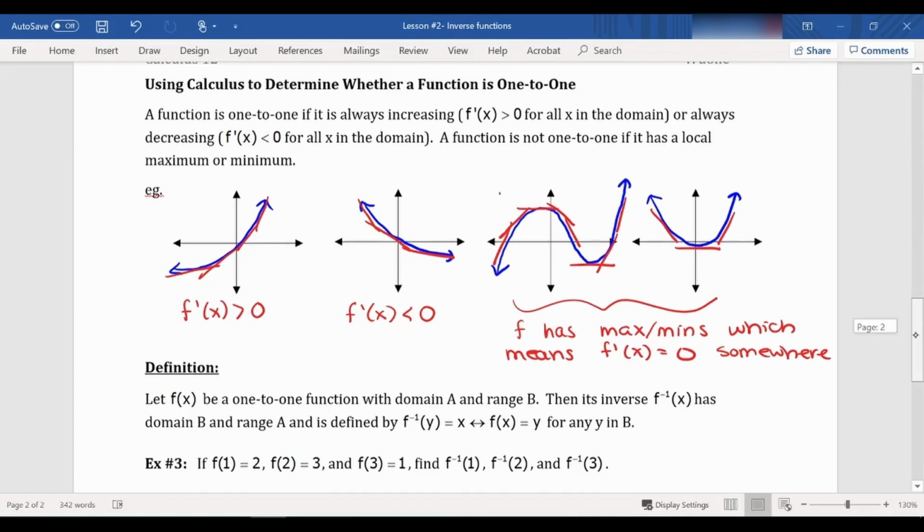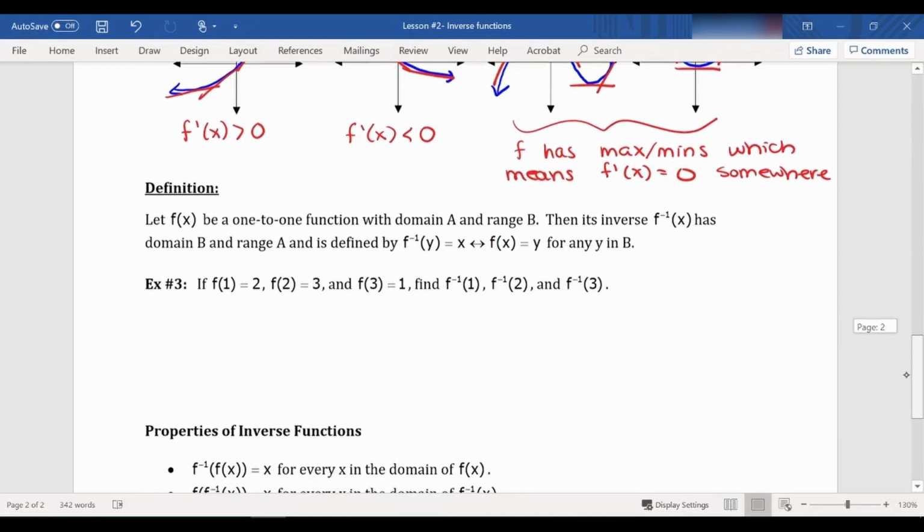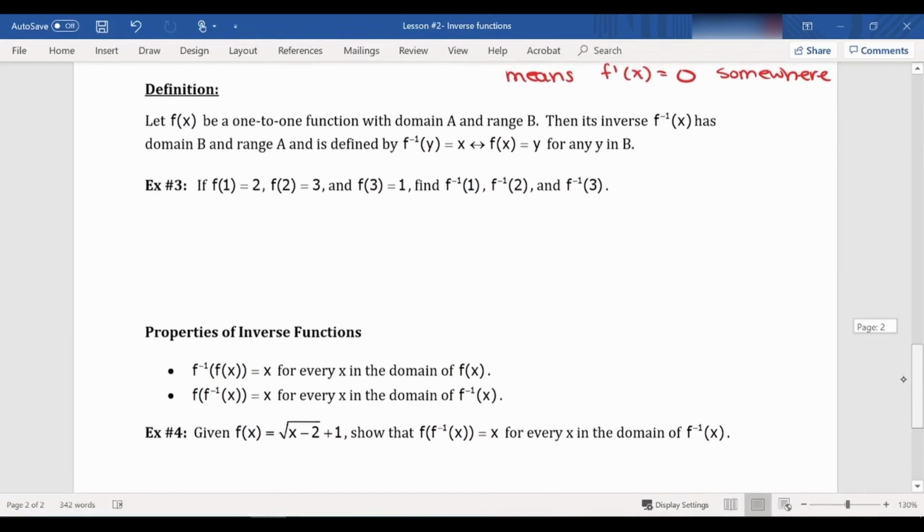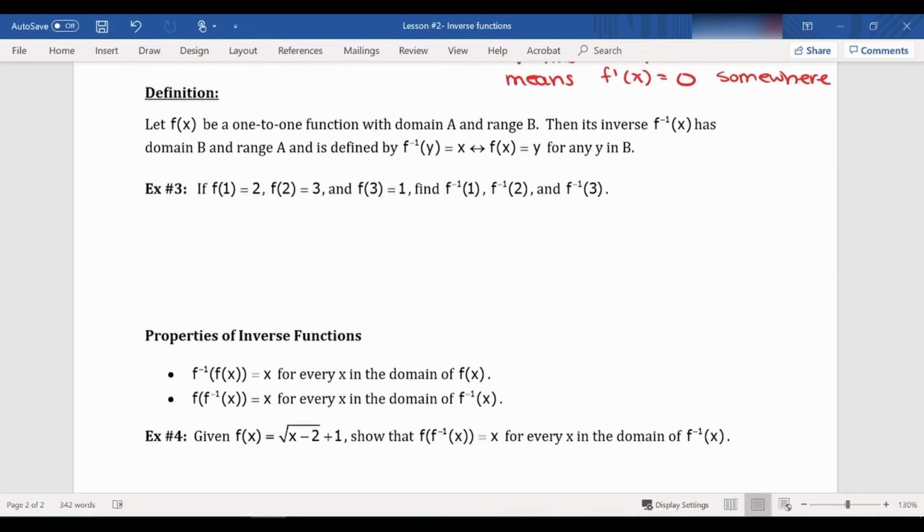A couple other questions here that we'll try. So if you have f as a one-to-one function with a domain of A and a range of B, first we know that the inverse is also a function, and we know from grade 12 that our domain and range would be swapped.